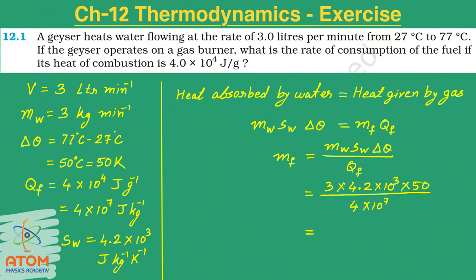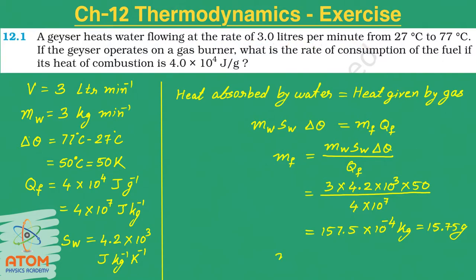Solving this we will get 157.5 into 10 raised to minus 4 kilogram, or you can also write it like 15.75 gram. So this is the mass of the fuel that is used in 1 minute. The whole case is about 1 minute, you know already.